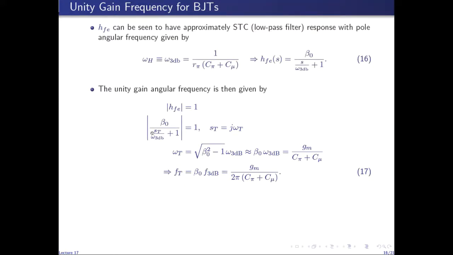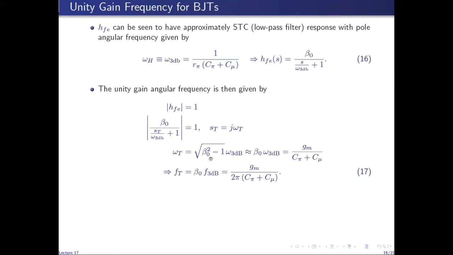So the magnitude of this term is beta naught divided by the magnitude of the denominator, and magnitude of the denominator is given by the square root of 1 plus omega t square over omega 3 dB square. And when we solve this equation, we get omega t in terms of beta naught and omega 3 dB like this.